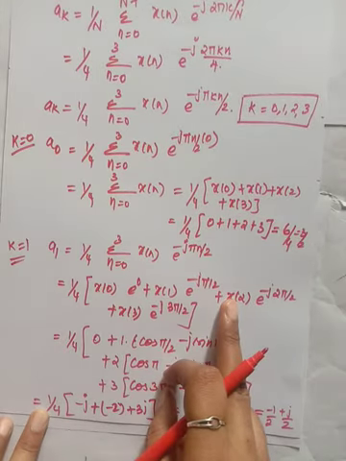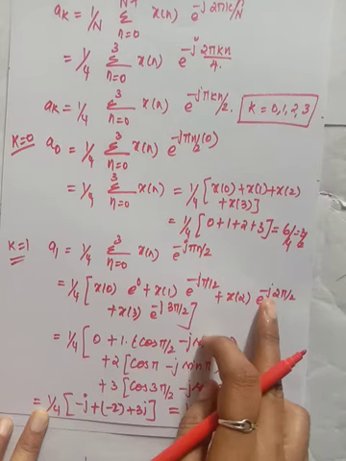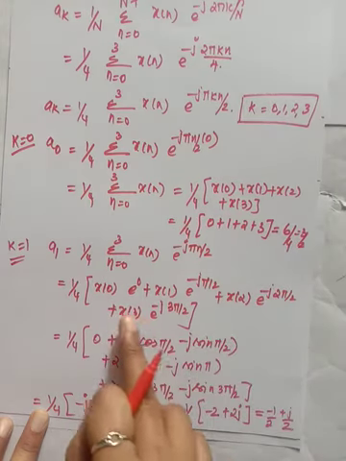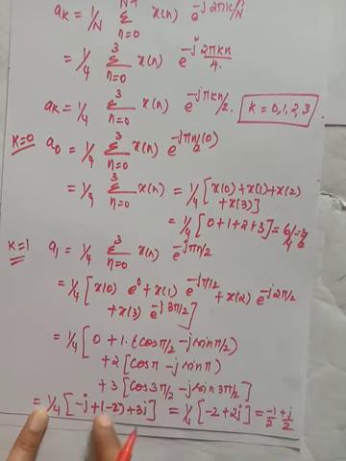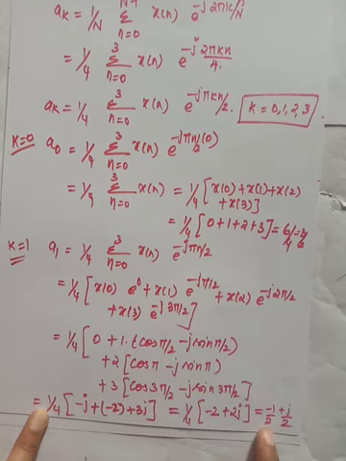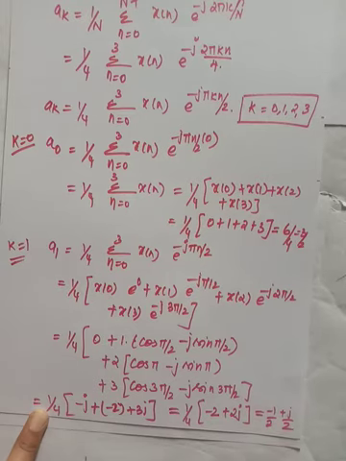Similarly this can be written as 2(cos π minus j sin π) plus 3(cos(3π/2) minus j sin(3π/2)). So substituting all these equivalent values and simplifying, I am getting -1/2 + j/2.